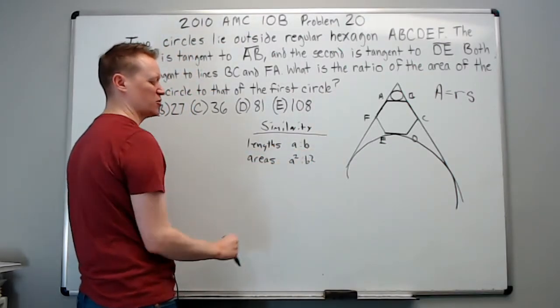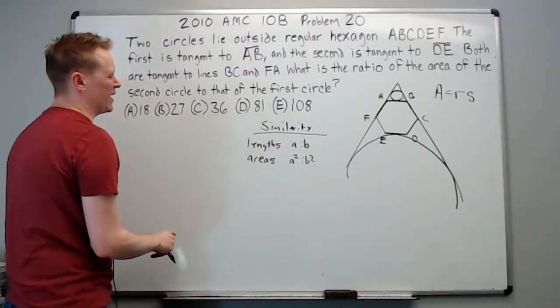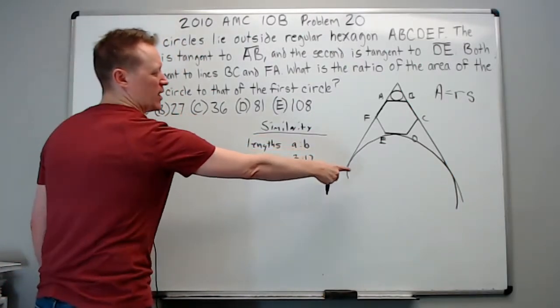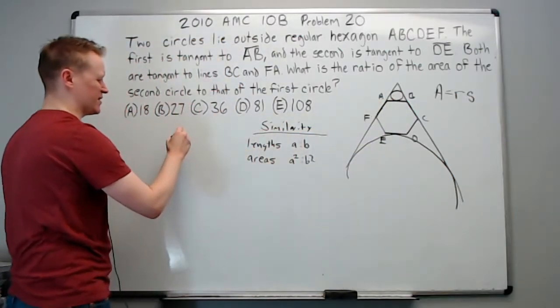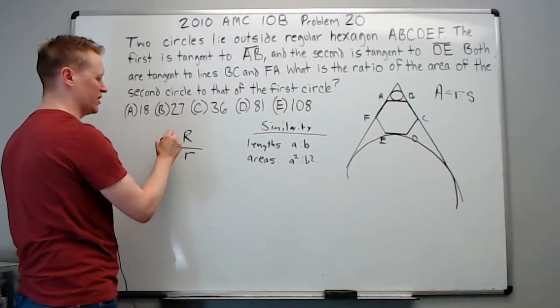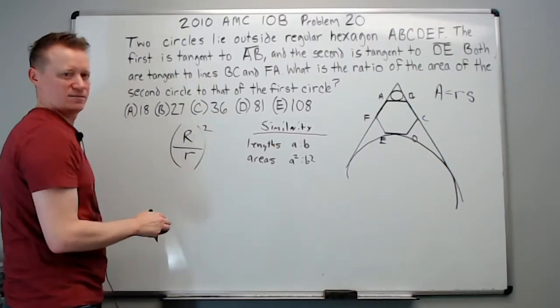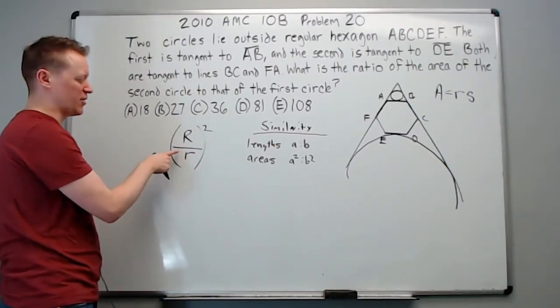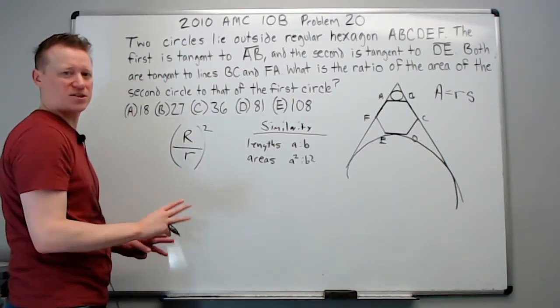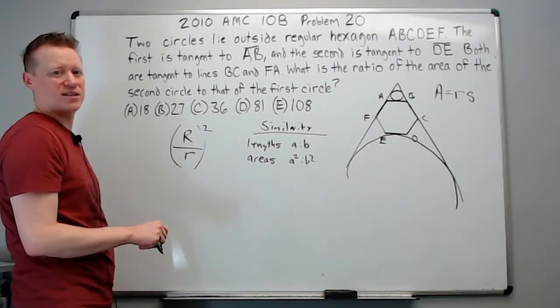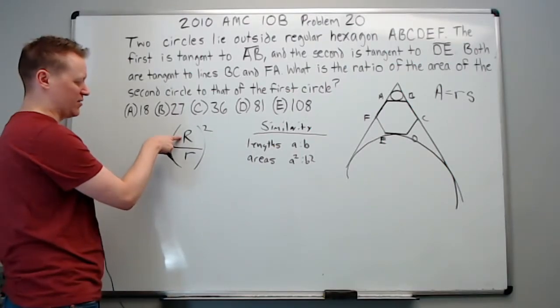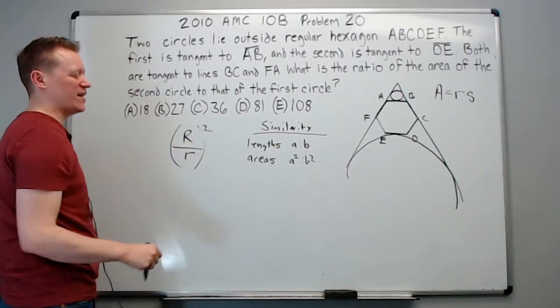Basically, this ratio squared. So the area, we're looking for the area ratio of this to this. It's simply going to be R to little r squared, right? Because this is the ratio of their radii. All circles are similar to other circles. All squares are similar to other squares. So we can find the ratio of their radii and then square them.